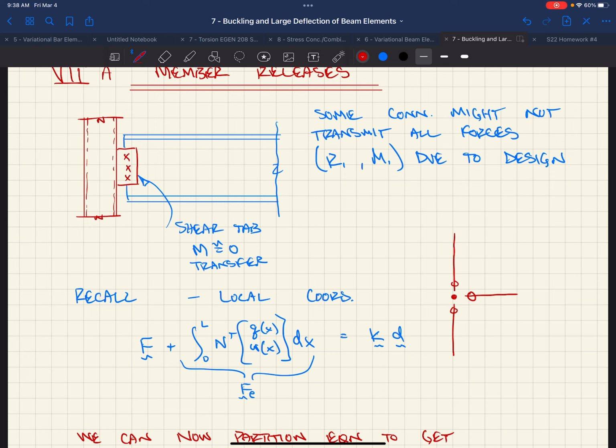A lot of times you could grab every member in the model and release all the ends. But when you do that, you might even have a node that gets released to the point where it can just spin around. There's nothing holding that node. So in a lot of cases, if you want to release all of these, you can release all of them but one, because this node can rotate, for instance.